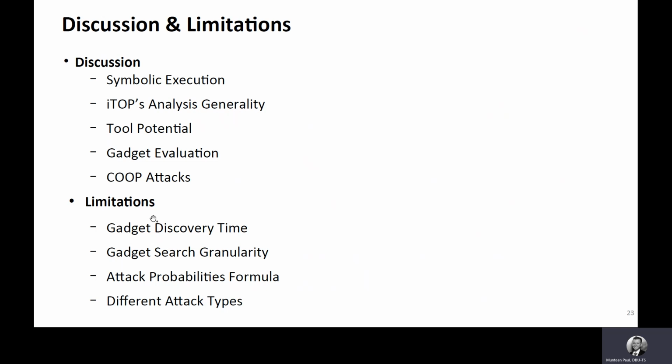Then with respect to the limitations and future work, the gadget discovery time is quite big depending on the scenario, and this can be improved. This we plan to do in future work. Then we have the gadget search granularity, which I mentioned can also be improved in the future by looking at more fine granular gadgets and searching approaches. And then the attack probability formula.